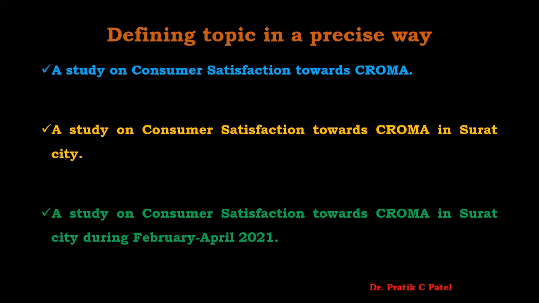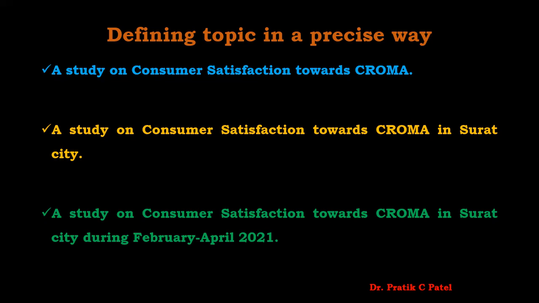Third sentence, if you see, it talks about a study on consumer satisfaction towards Chroma in Surat city during February to April 2021. So this is an even more specific way to write your research topic, because you understand things might change over a period of time. The study which you have done at a particular point of time has its relevance, but for a certain duration only.